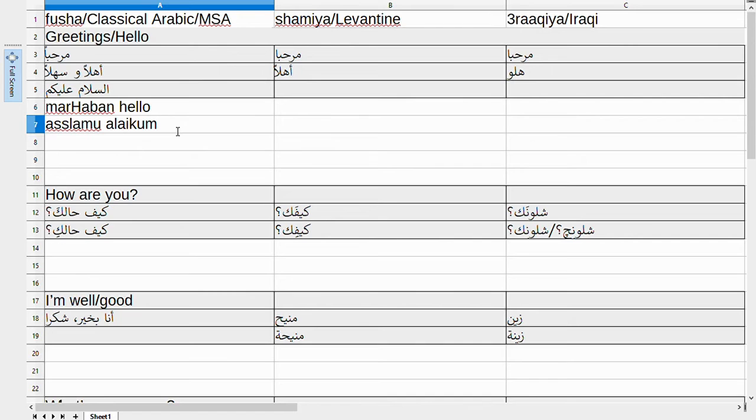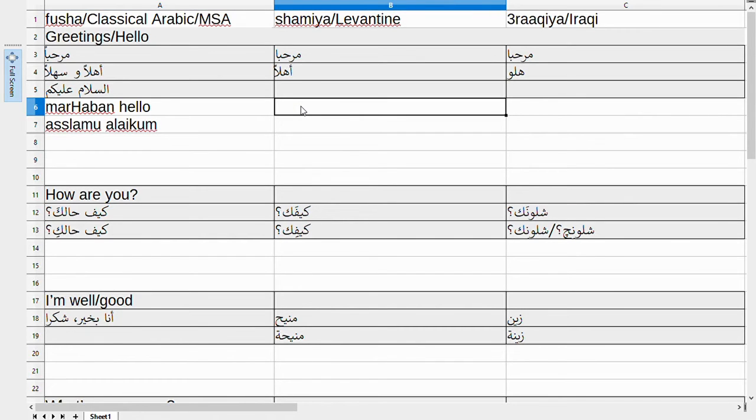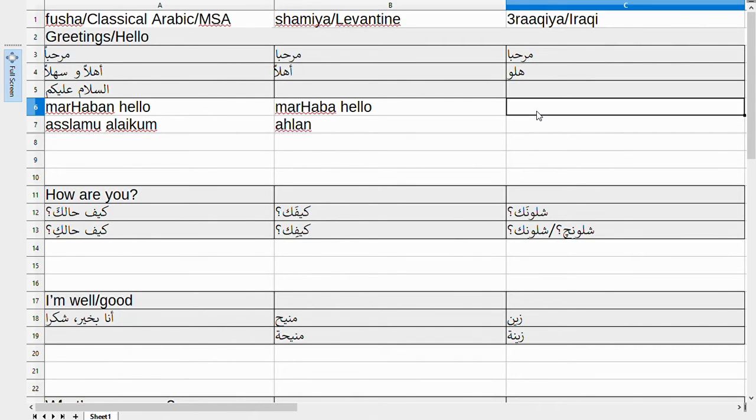If we slide over here, we have the Levantine dialect. They actually use a form of marhaban, except it's marhaba, which again is hello and fairly common. And then I've heard ahlan as well, which is kind of like another hello. Then if you slide over to the Iraqi dialect, they use marhaba, and I've actually heard marhab, where they shorten it even more.